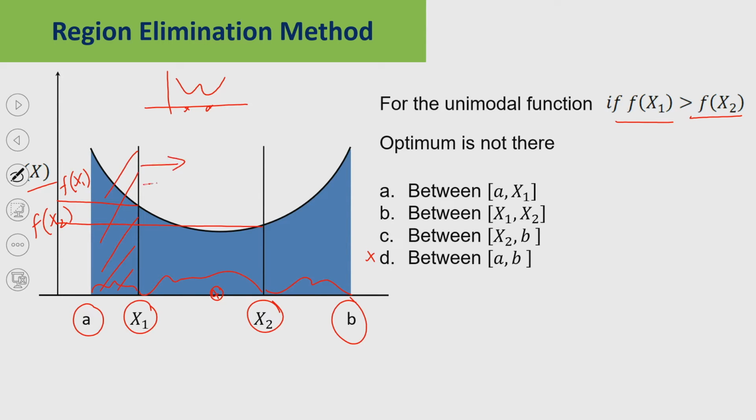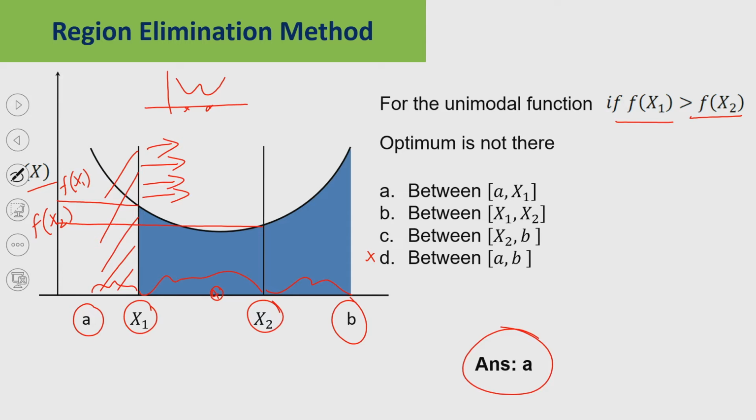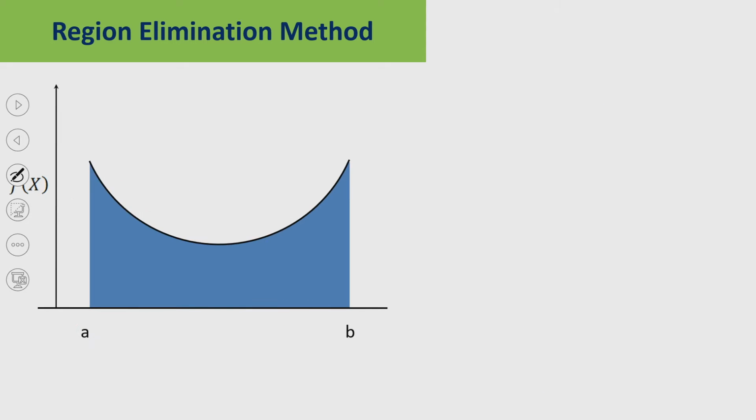Optima is somewhere on this side. So, the solution is a: optima is not there between a and x1. I hope this is clear.